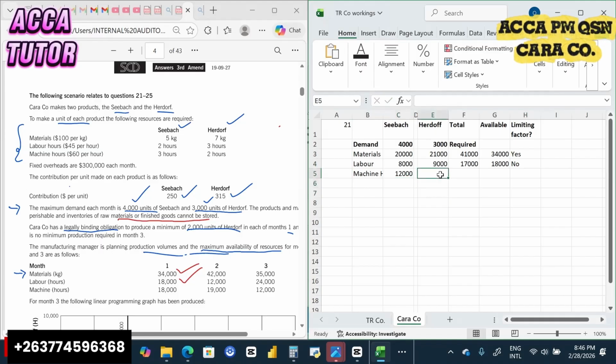Then in terms of the head off, they require 2 machine hours multiplied by the total number demanded 3,000. And we drag our formula again. 18,000. And how many hours are available? We have got 18,000. So is this a limiting factor? Obviously not.